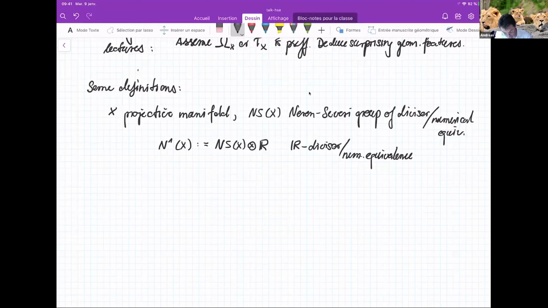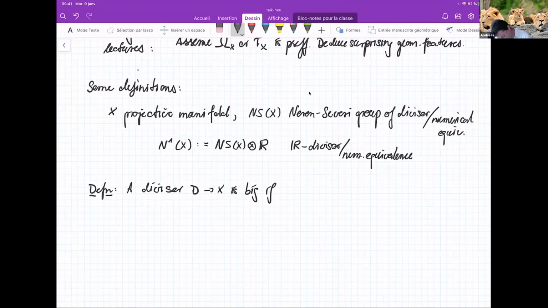So I have this vector space, and now let me recall when a divisor is big. So a divisor, and when I say divisor, I really mean an element of the Néron-Severi group, D over X, is big if I look at its asymptotic growth, it grows as fast as possible.